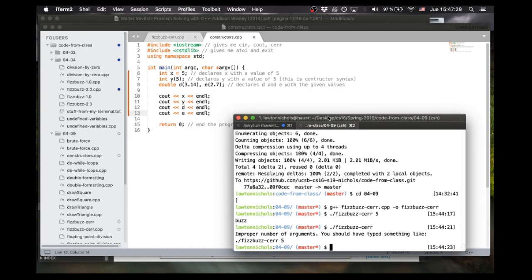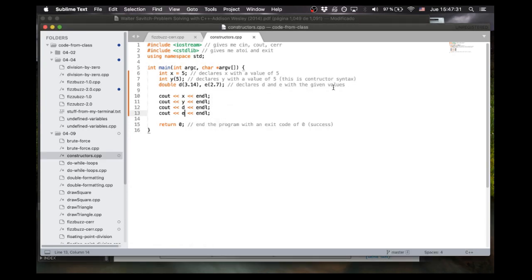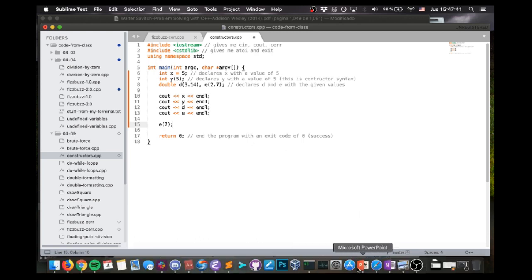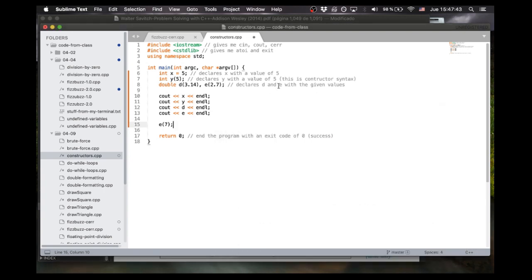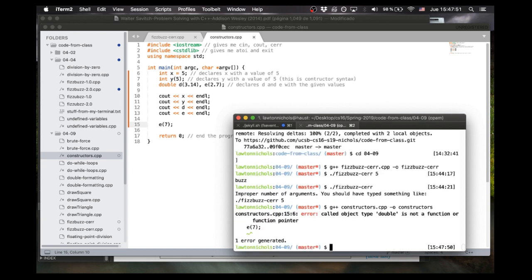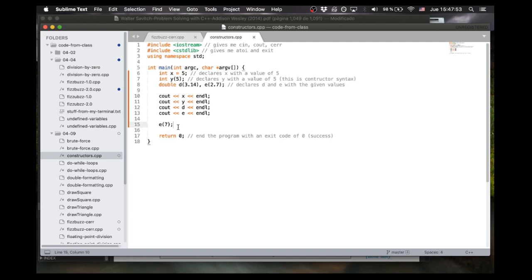You cannot do this ever again. Like you can't down here, I don't think, say like e of 7. That doesn't really make sense. It's only when you're initializing that this works. So let's hopefully find that it gives an error. g++ constructors.cpp -o constructors. Yeah, so you can't do it like this.